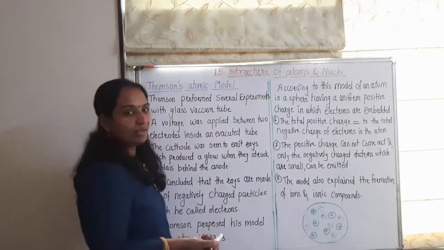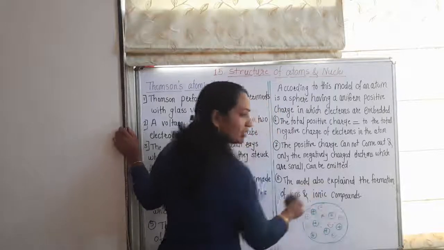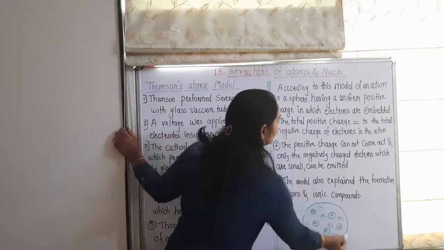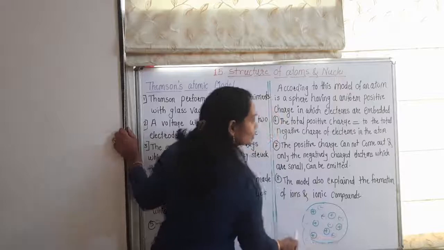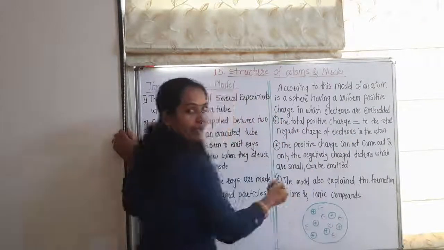According to this model, the atom consists of a sphere having uniform positive charge, in which electrons are embedded.